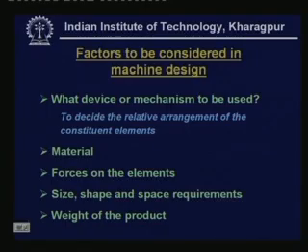This is a very important aspect, because the same work can be carried out by two different types of mechanisms. So, here comes a decision making: which mechanism to be adopted for a better performance.